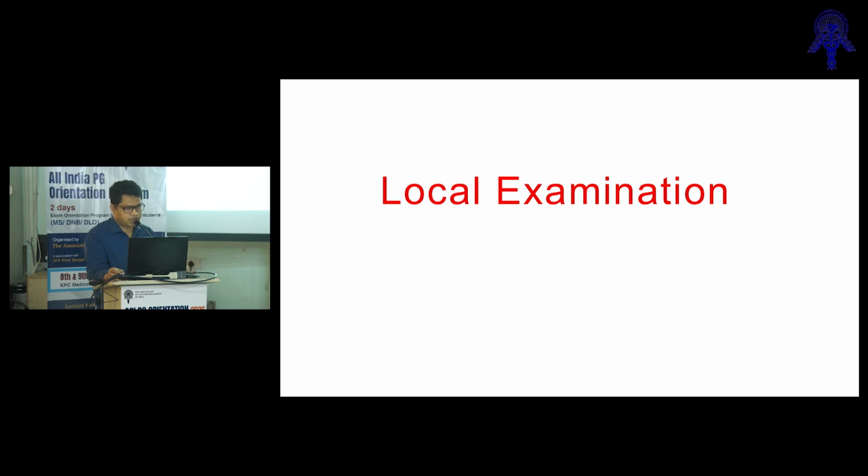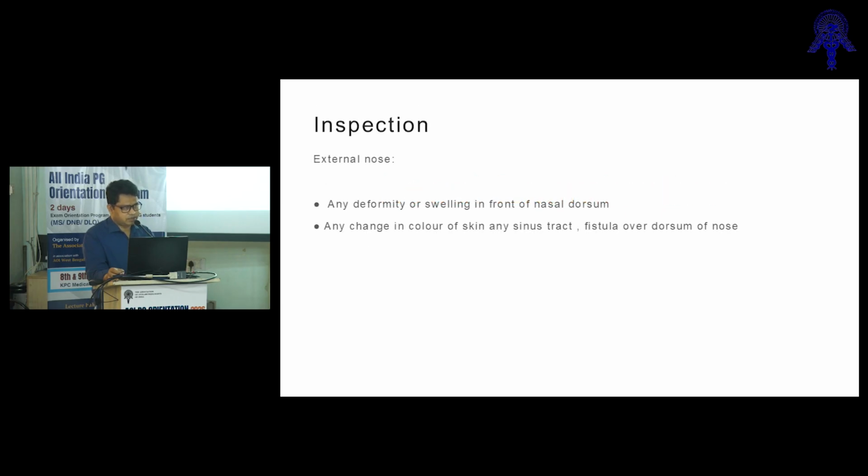So now coming to the local examination. Local is again divided into inspection, palpation, percussion, and auscultation. Inspection of the external face and nose: any deformity, swelling in front of the nose, nasal dorsum or nasal ala, any visible mass, any change of skin color, or any sinus tract or fistula present or not. In this case, only a mild external deformity is present.